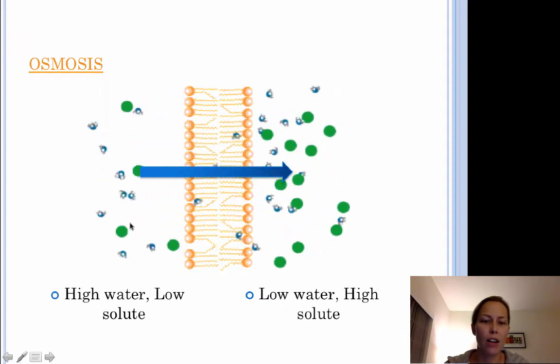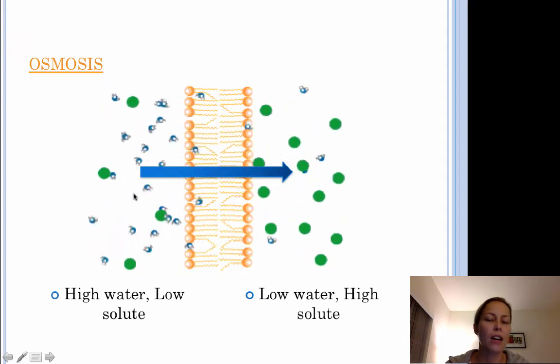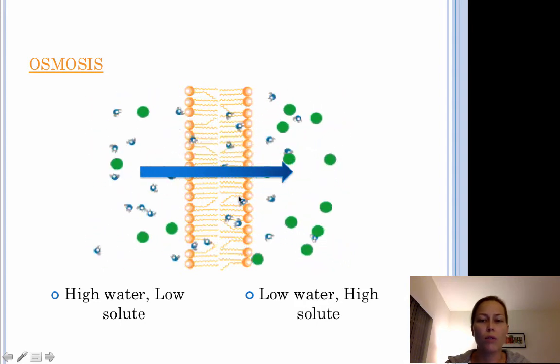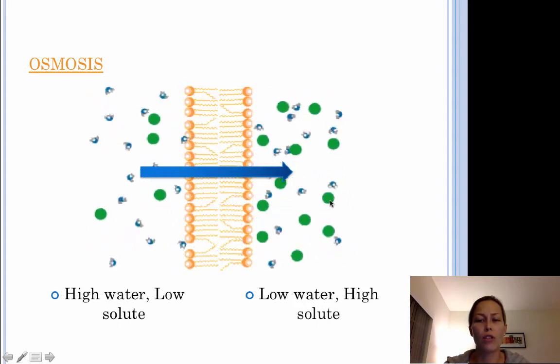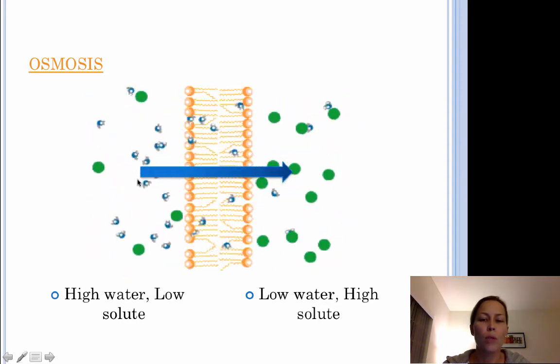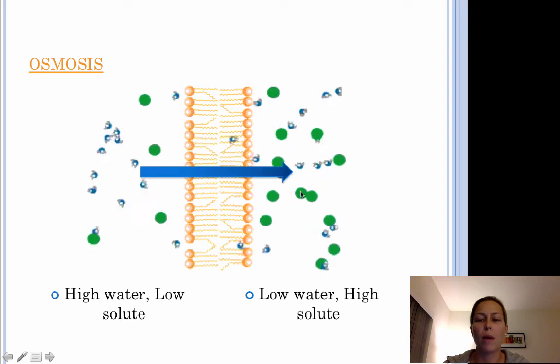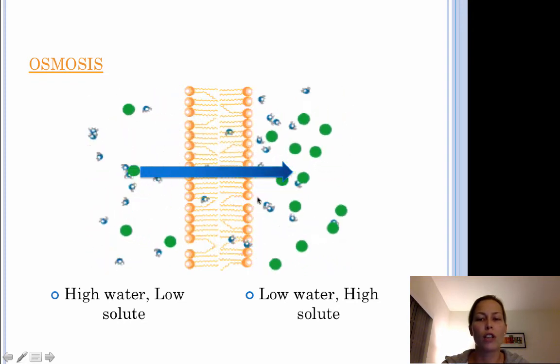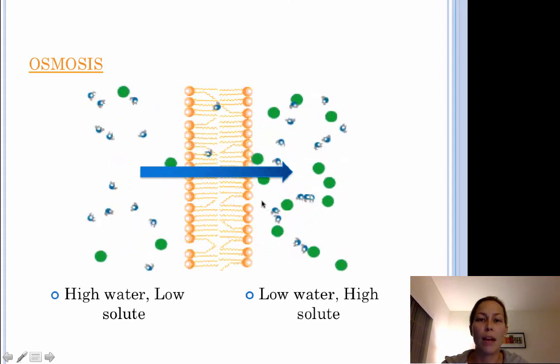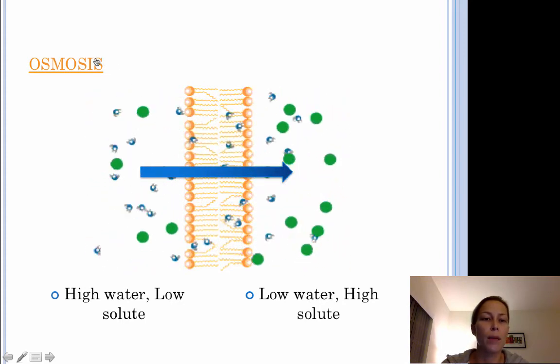Here we've got a diagram showing that we have a lot of water on the left-hand side, and water is moving down the concentration gradient to the right-hand side. So we've got water molecules in blue moving across the semi-permeable membrane from an area of high concentration to an area of low concentration. We're going to take a look at another animation dealing with osmosis as well.